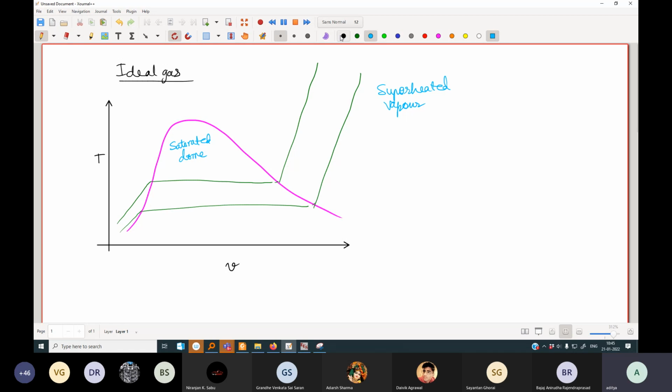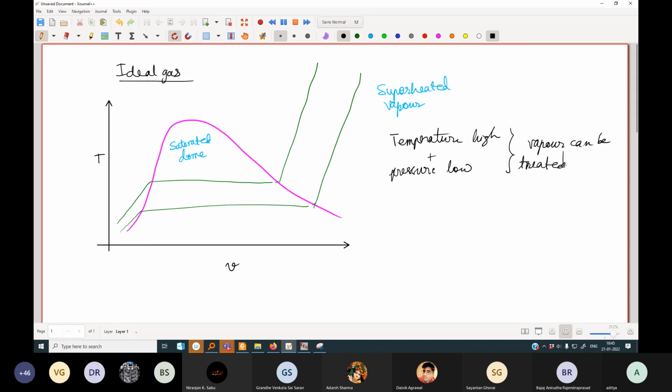Okay, so now in the superheated vapor region, when the temperature is high and the pressure is low, then we can treat the vapor as an ideal gas.